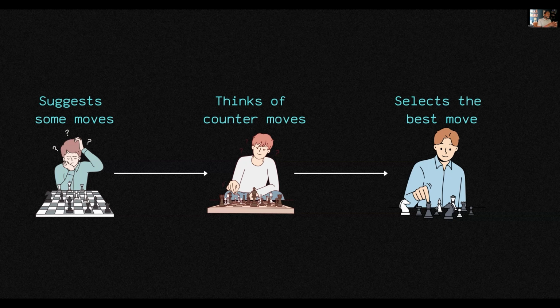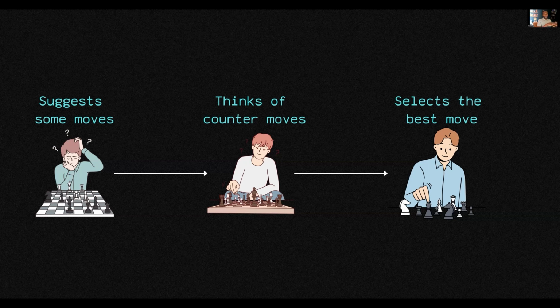So we'll suggest some chess moves, not just a single move, but I think I had prompted it to suggest a variety of possible moves to make. The second agent then takes that list of suggested moves, which will be provided with some rationale too, and thinks of counters that the opponent could make based on that list. The third agent then takes the suggested moves and the counters, and selects the best move of the lot.